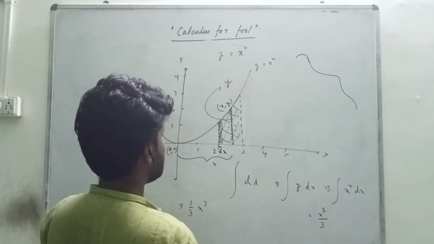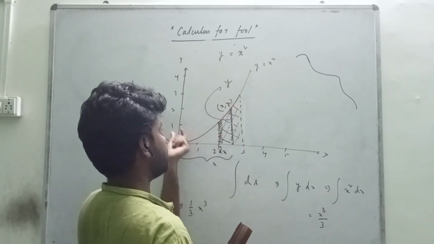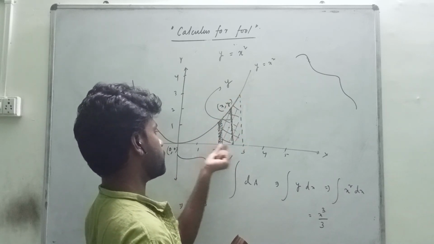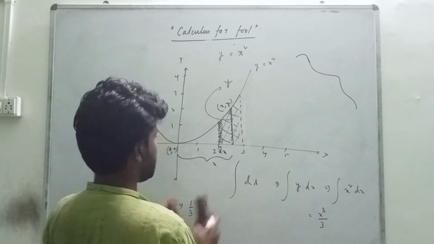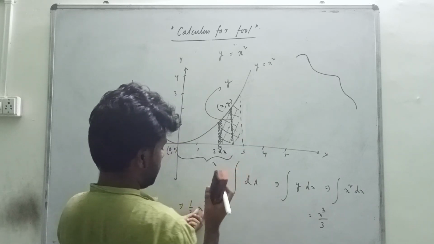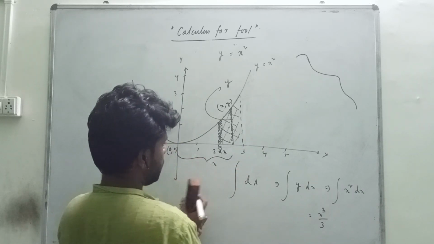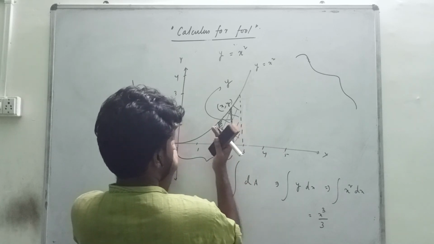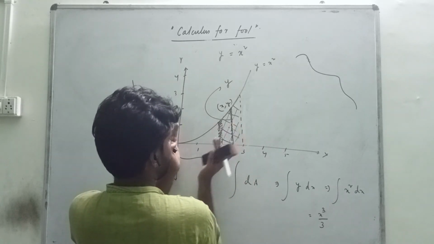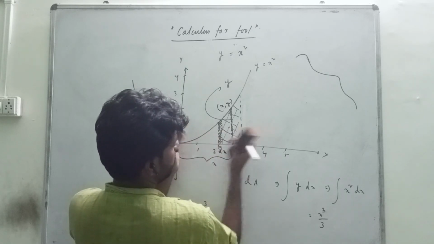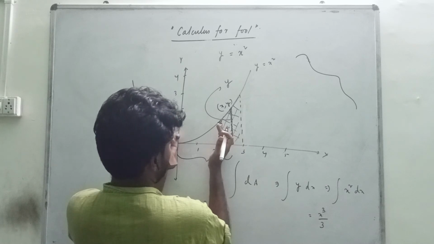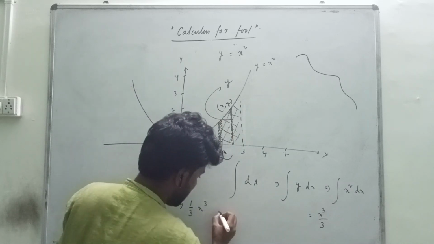And you want to calculate the area of this chunk from x equals 2 to x equals 3. So just put, instead of x, the large x, I mean 3, minus the small x, I mean 2. That's the same thing.